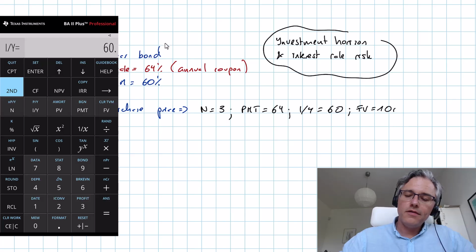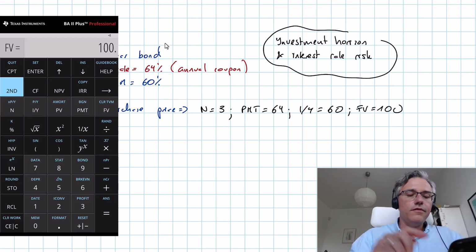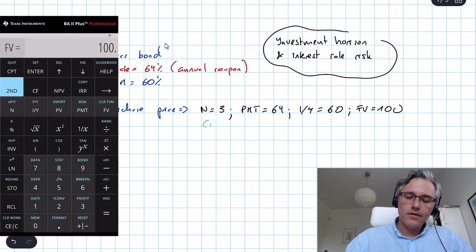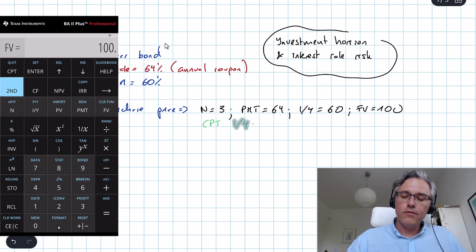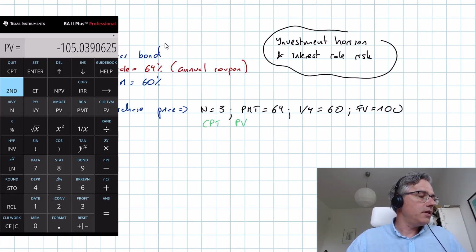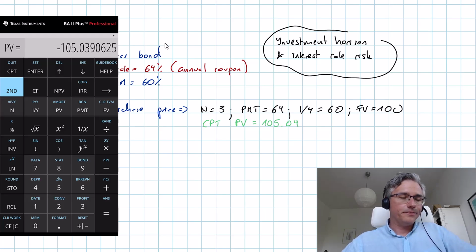FV is going to be 100, so 100 for FV. And now get the calculator to compute the PV, the price, CPT PV. Okay, out pops 105.04. Good, that's going to be our starting point.